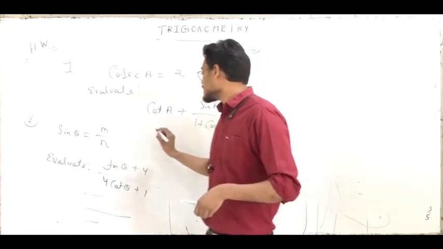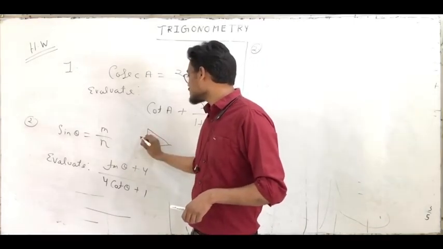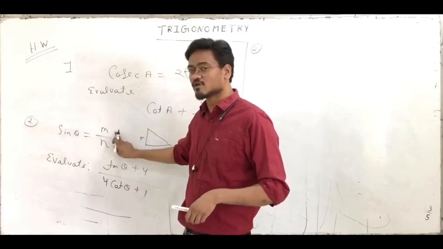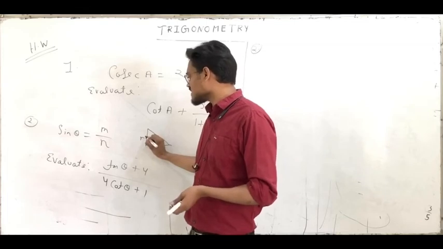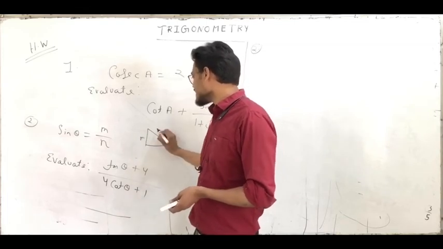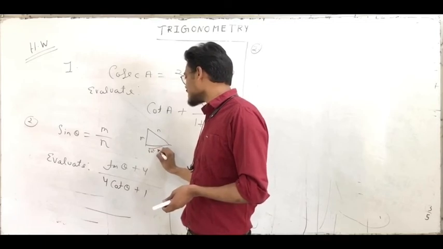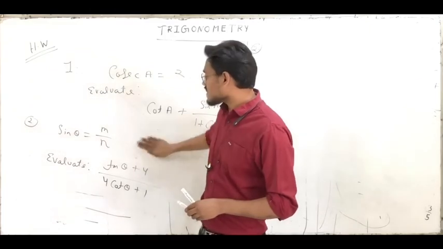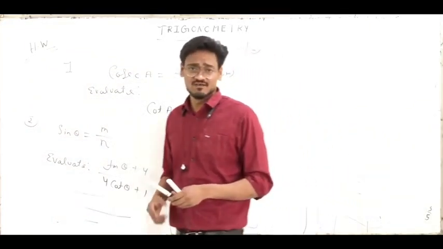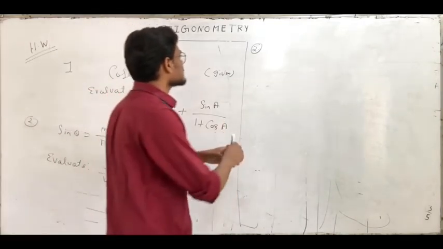When you will make the right triangle, perpendicular is m, because sin theta is perpendicular to hypotenuse. So yes, you can assume by multiplying with a constant. It's m, it's n. After solving, you will get under the root of n square minus m square by Pythagoras theorem. So the answer will be in the form of m and n. Okay, so it's your work, and we will discuss in the next lecture.